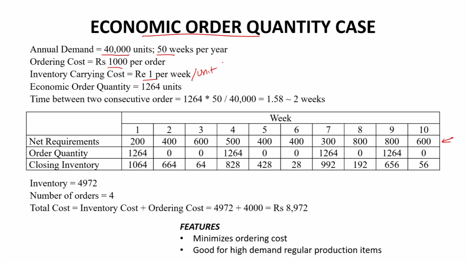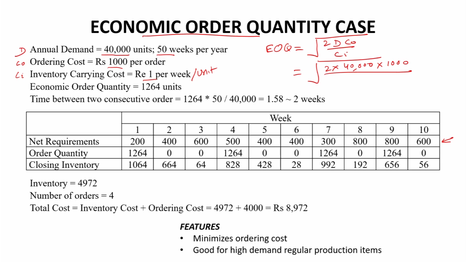Based on what we have studied in inventory control, economic order quantity is the square root of 2 D CO by CI. D is the annual demand, the ordering cost is CO, and the cost of carrying inventory is CI. If we insert these numbers, we get 2 into 40,000 into CO, which is 1,000, over the inventory carrying cost of 1 per week.